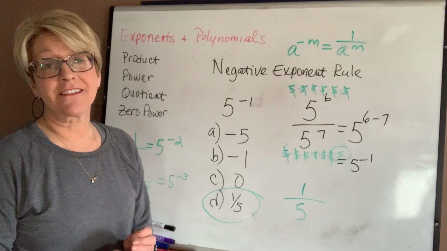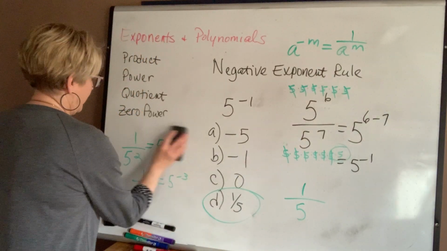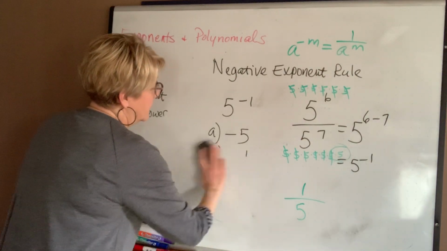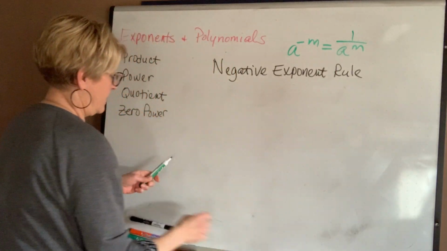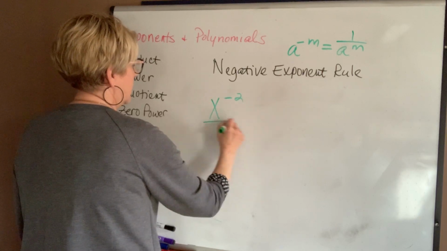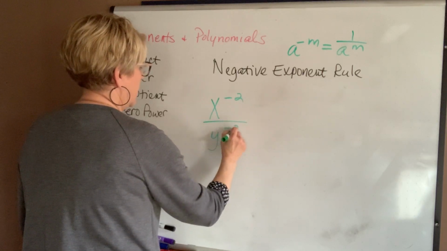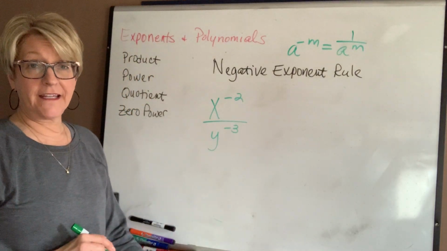That gets into all kinds of complications. So, let's look at this. x to the negative 2 over y to the negative 3.